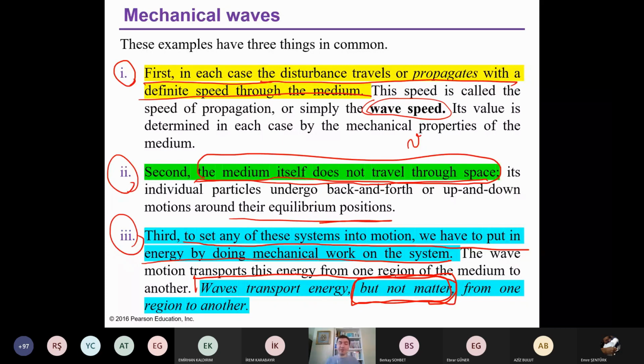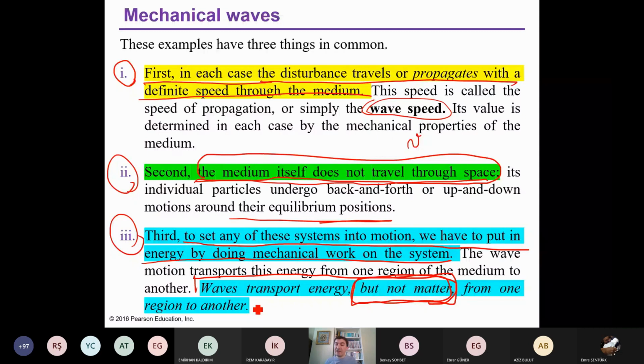Another important thing here, just keep this information in your mind: if you are talking about mechanical waves, it means that we are talking about the waves propagating in a medium, okay? Mechanical waves travel in a medium.